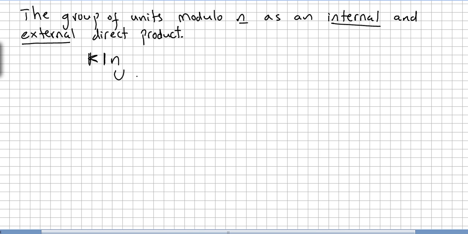We're going to write U_k(n), units k modulo n, as x being an element of U(n), such that x equals 1 modulo k.